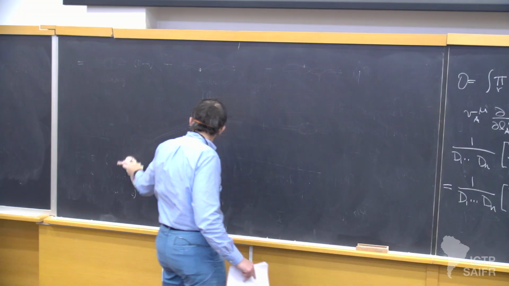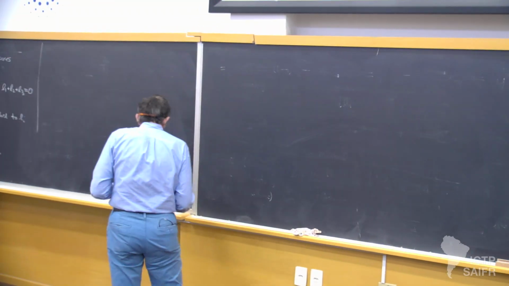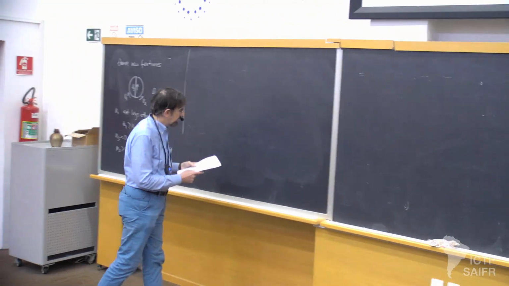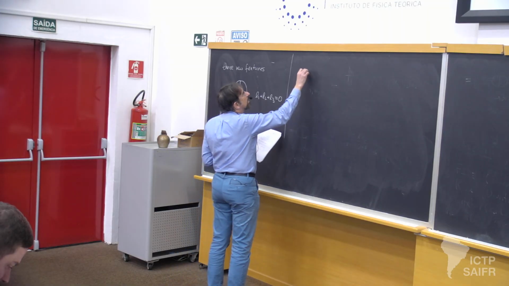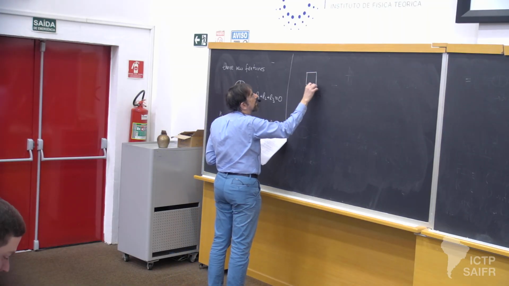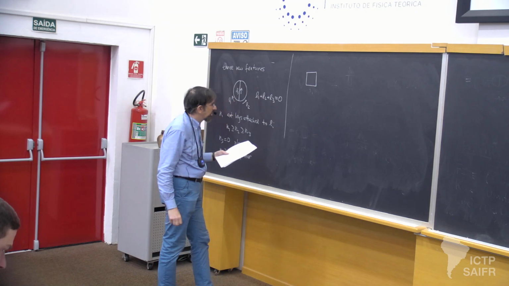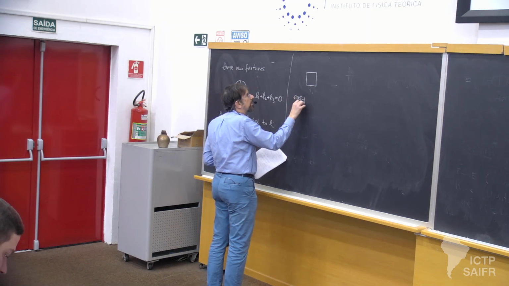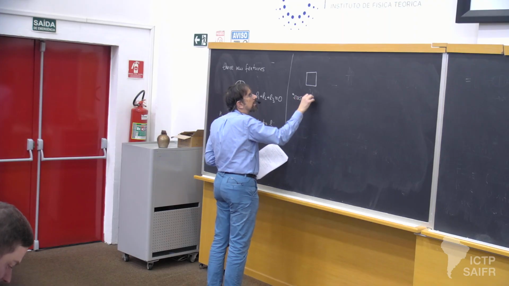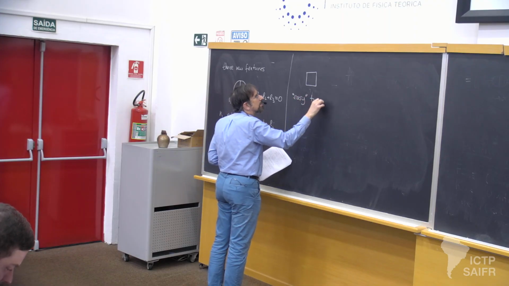Some of you will have, but others won't. And so it'll be kind of the gateway to learning about the classes of functions that show up. So let's look at what's called the easy two-mass box.